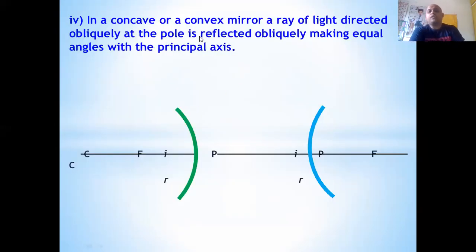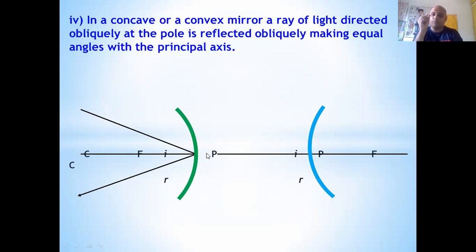Now, in a concave or convex mirror, a ray of light directed obliquely at the pole is reflected obliquely, making equal angles with the principal axis. Look at this one, directed towards the pole. Whatever the angle of incidence, the angle of reflection will be the same.